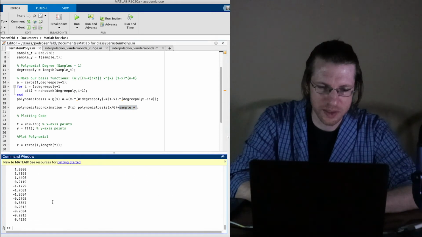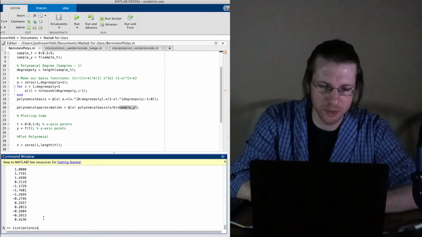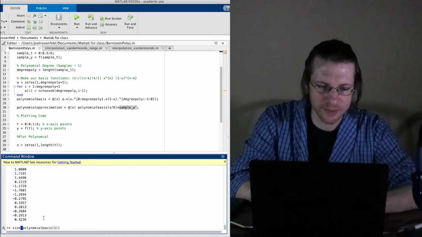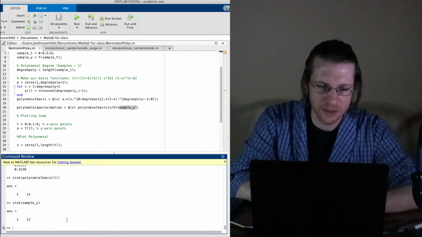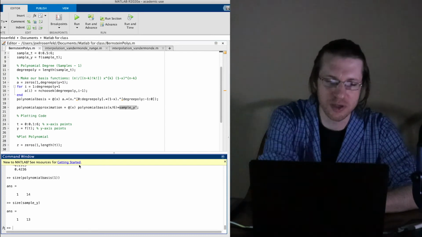That a prime is a column, and so it should be a row vector times a column vector. Shouldn't be a problem. Let's see, what is the size of polynomial basis at 1? 14. What is the size of sample y? 13. Well, there's our problem.